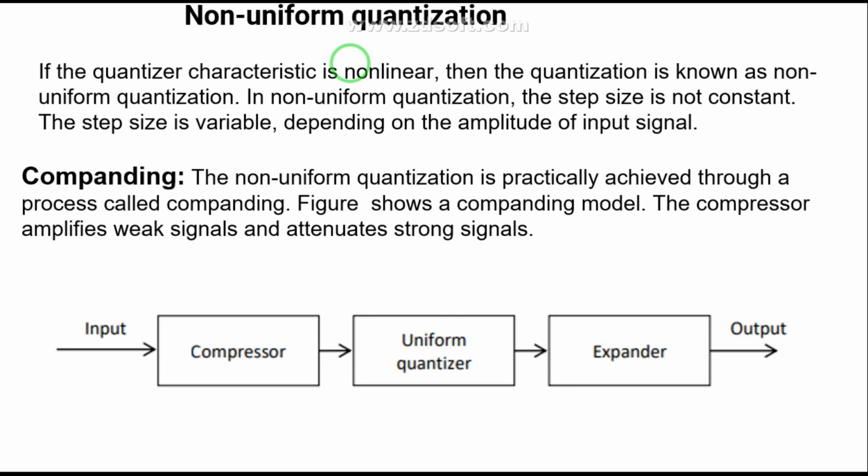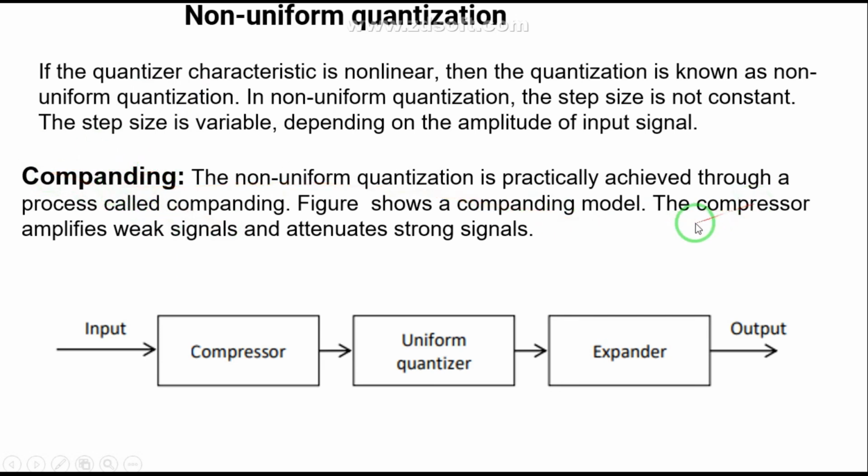It is proportional to the square of the signal amplitude, and hence signal power would be small for a weak signal, but the quantization noise power would remain constant, and hence the signal to quantization noise ratio for this weak signal would be very poor. So if it is poor, then definitely it is going to affect the quality of the signal. So what is the remedy? The remedy is to use companding.